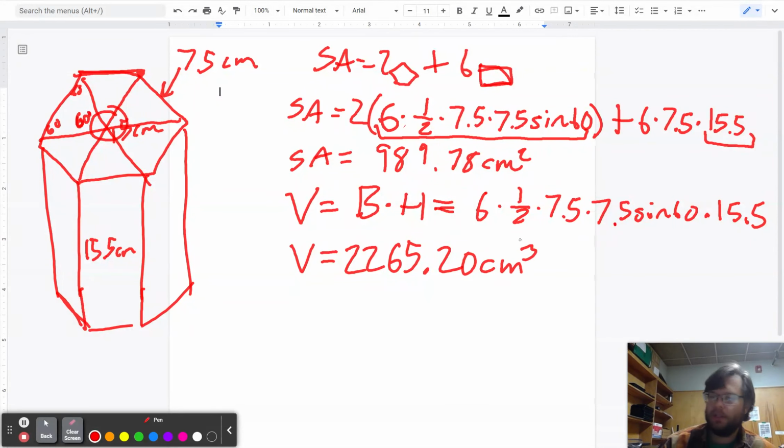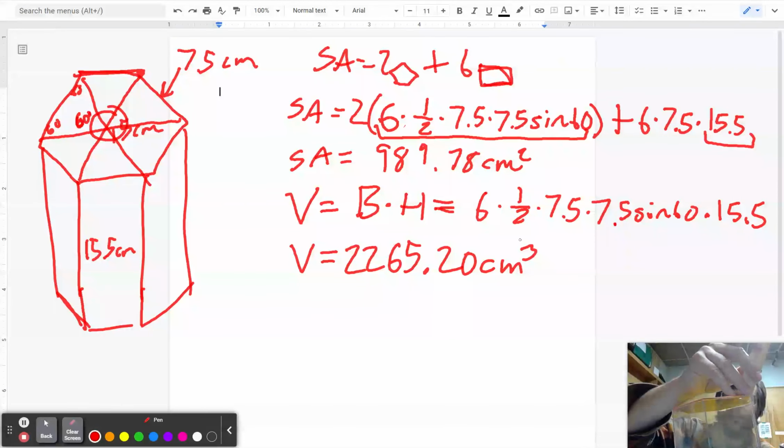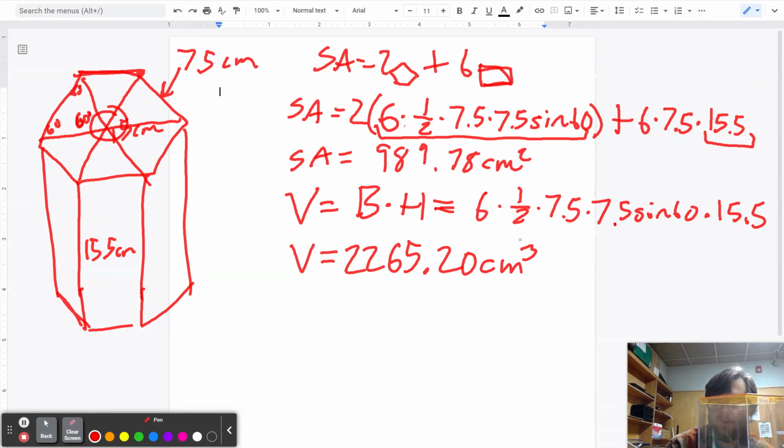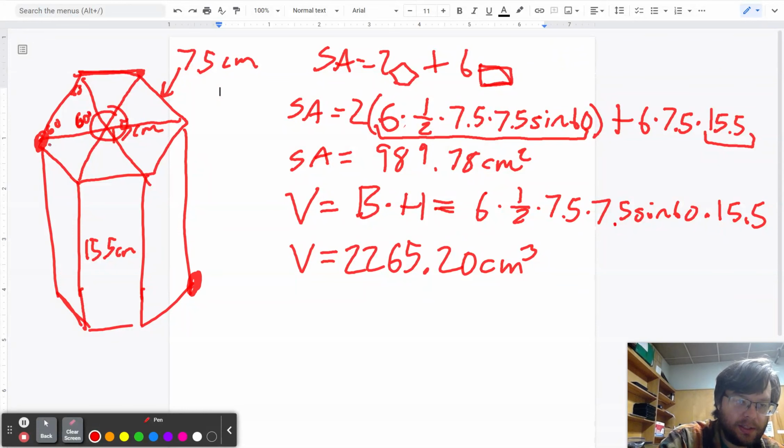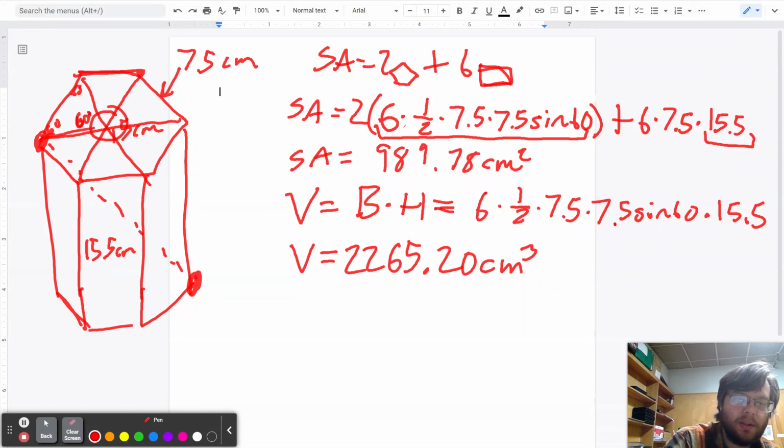I guess one other thing that we could find about this shape is a diagonal. So imagine I go from one top corner across and down to the other bottom corner. What's the length of the diagonal that goes from there all the way up to there? In other words, if I went, say, from this all the way down to that, what is the length of the diagonal? Well, we can think about that as part of a right triangle.